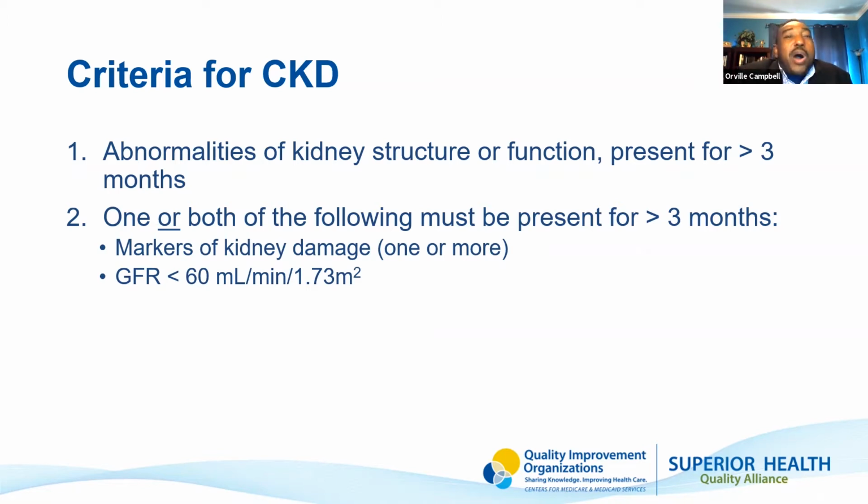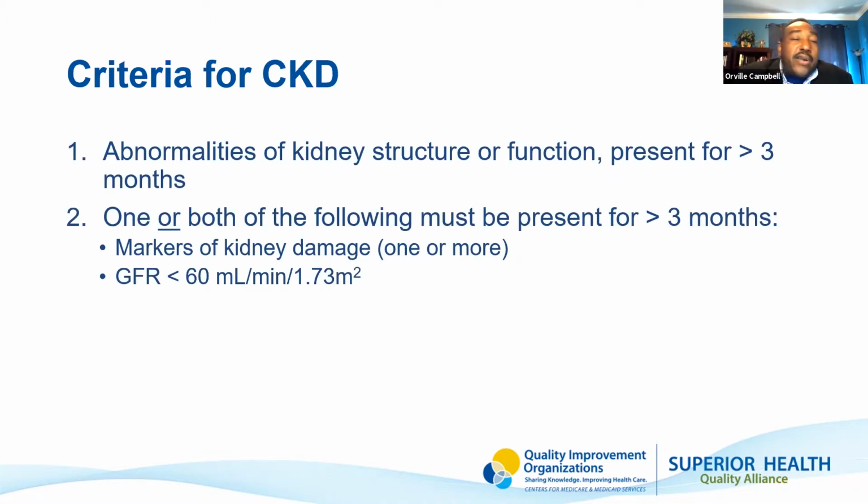Number 1, markers of kidney damage, 1 or more. That could be an elevated creatinine, elevated BUN, or a GFR less than 60 mL per minute per 1.73 square meters, all right? That's akin to losing almost 40% or more of your kidney function.